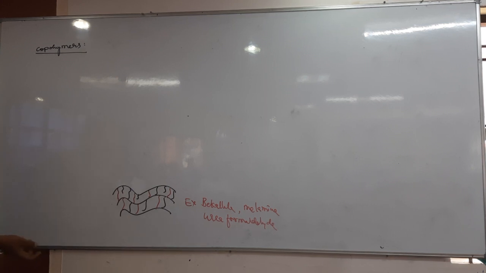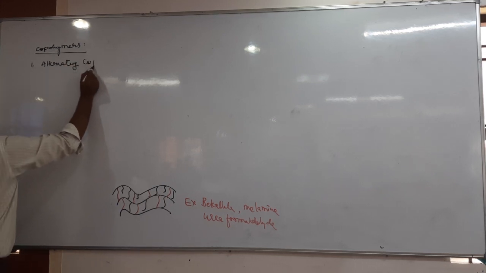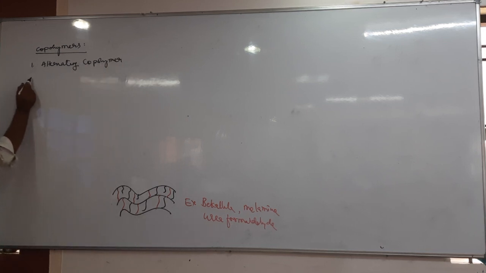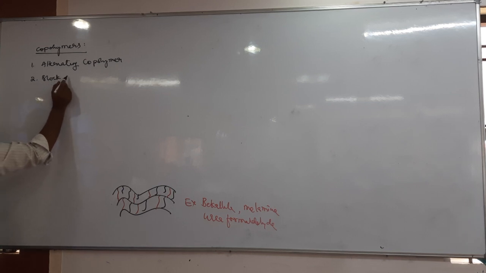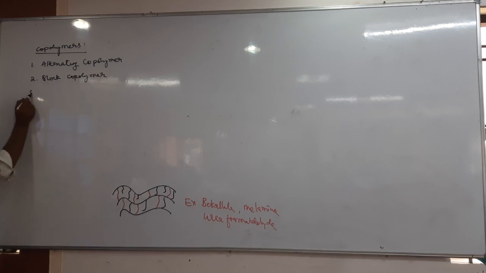Then copolymers are further classified into 4 types. 1, take down, alternating copolymer. 2, block copolymer. 3, random copolymer.